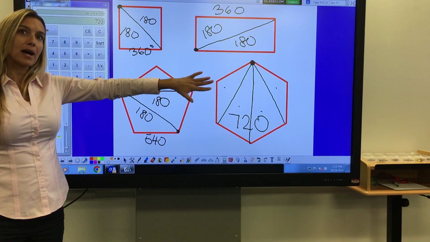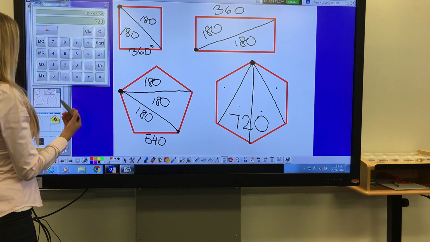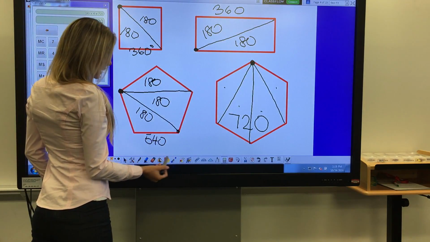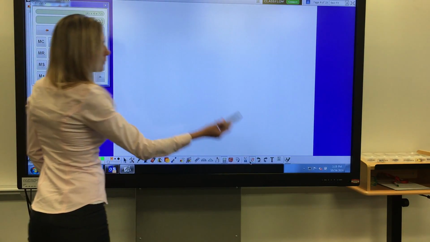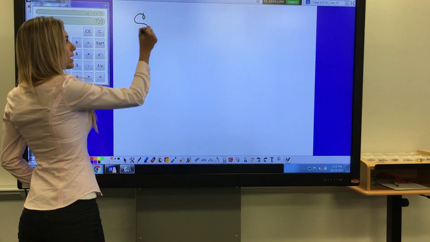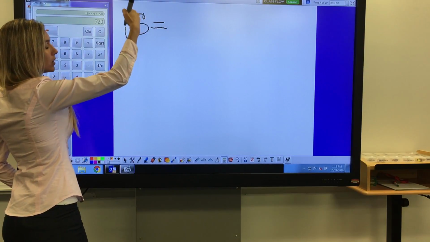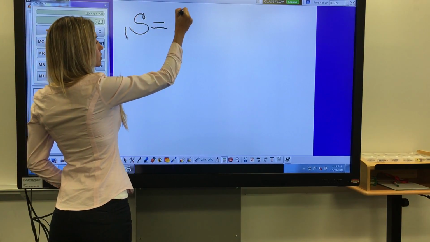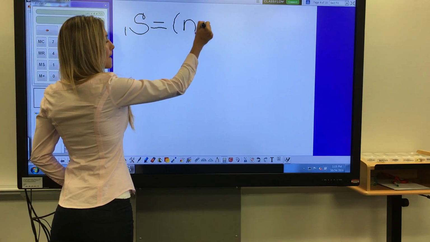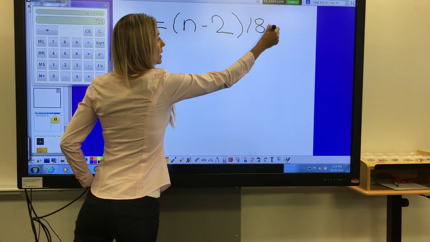Now, in math, we do like to come up with a formula at times, right? Mathematicians do like to come up with a formula. That formula says S, where S means the sum of all the angles inside a polygon, is equal to n minus 2 times 180.